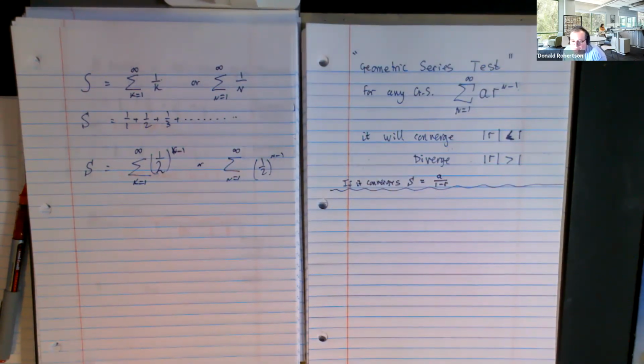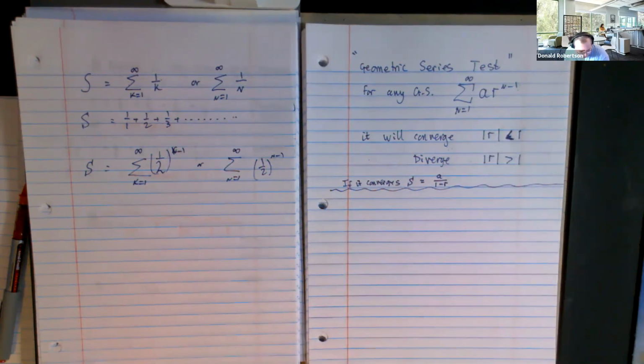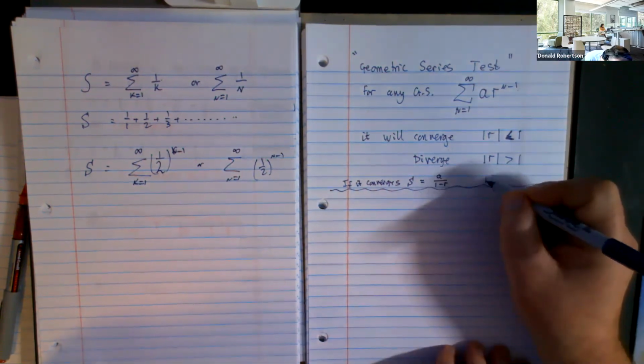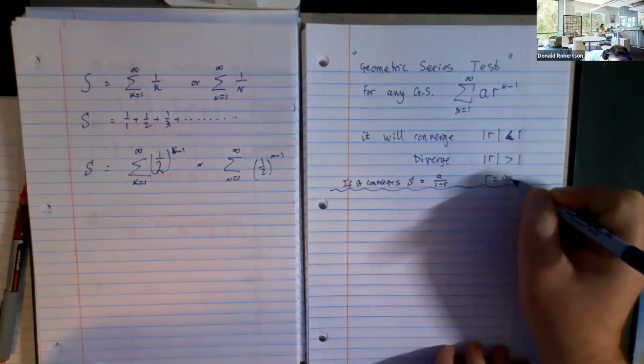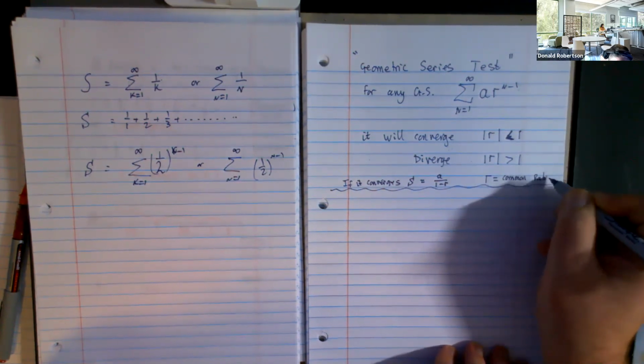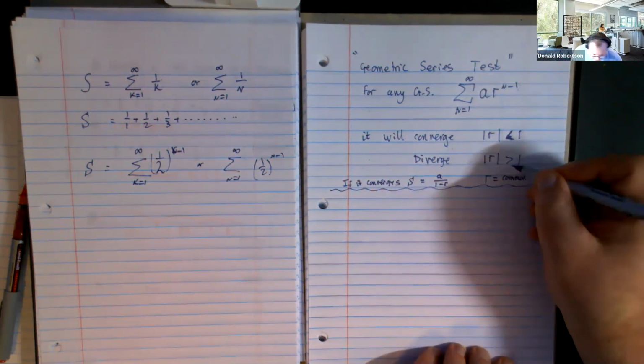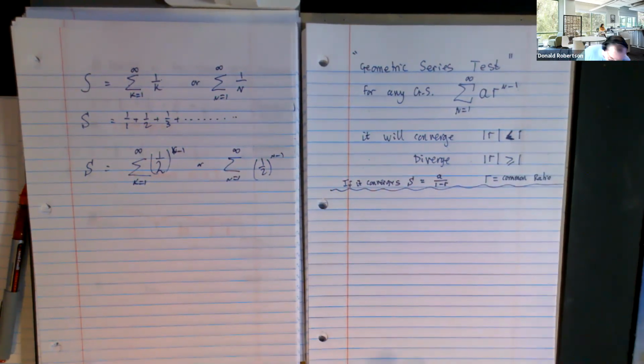So it's just a bit of memory work. You're going to look at geometric series, and if you can find this fella r, which is called the common ratio, if its absolute value is less than 1, it's going to converge, and if it's greater than or equal to 1, it's going to diverge.